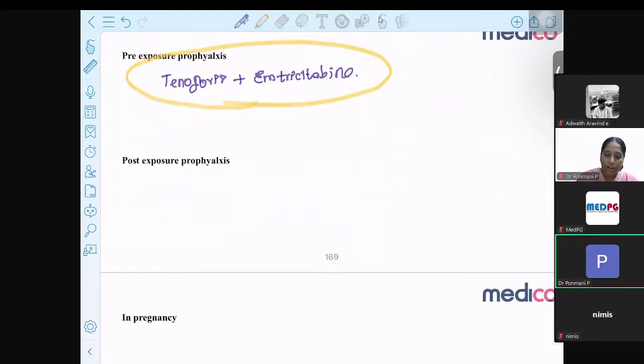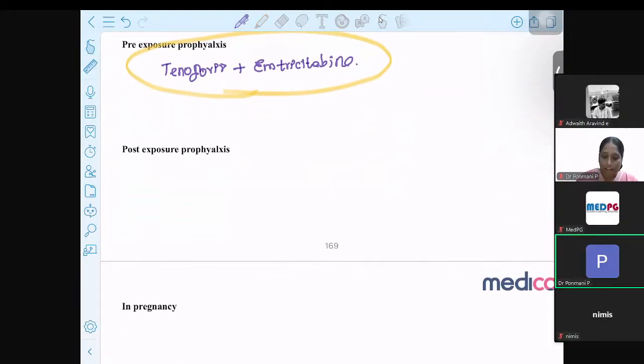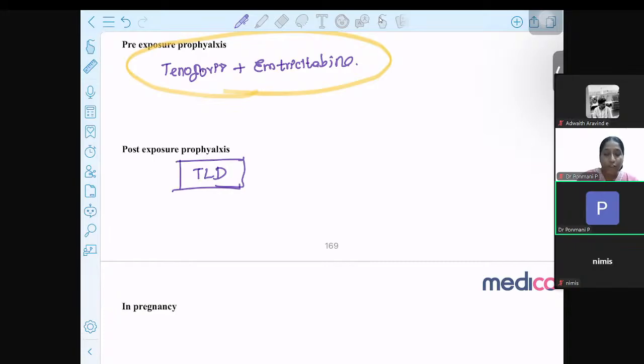And what about post-exposure prophylaxis? For post-exposure prophylaxis, it is the same TLD regimen, what you saw before. And when should you start this post-exposure? Within 72 hours of exposure, you need to start. And this regimen has to be given continuously for 28 days. Clear? This is about the post-exposure.